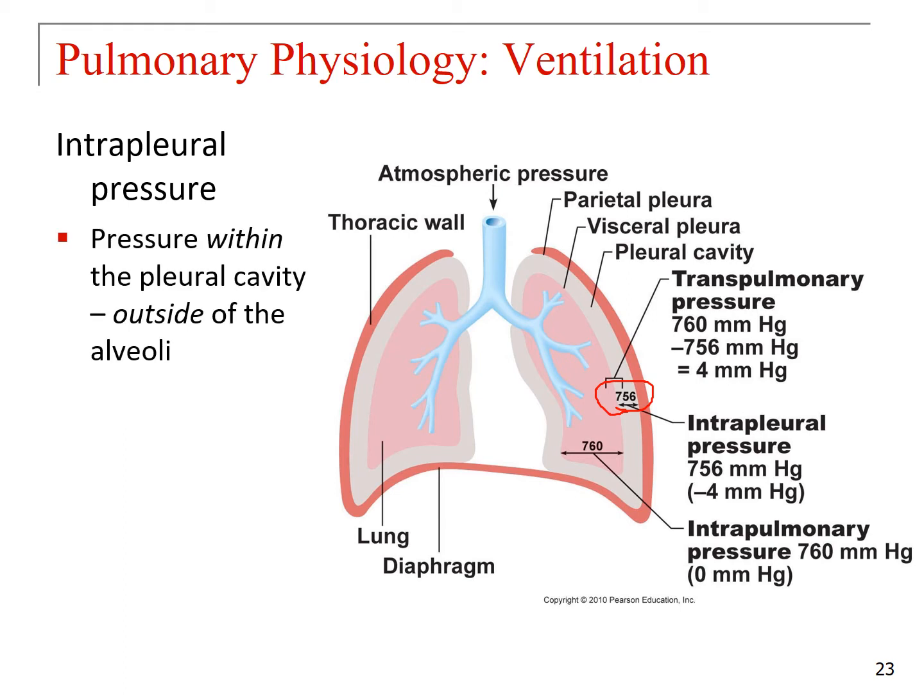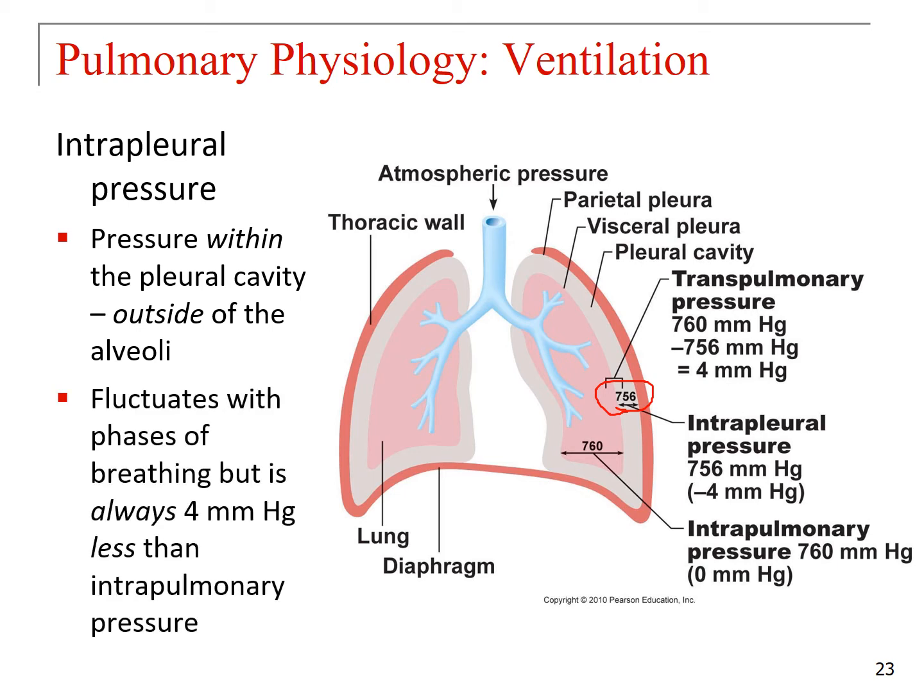Again, that's outside of the alveoli, but not the chest wall itself. Now this will always fluctuate with phases of breathing as well, but it is consistently 4 millibars less than intrapulmonary pressure. So you see with this diagram that your intrapulmonary pressure is at 760 millibars and your intrapleural pressure is at 756 millibars. If you were to drop your intrapulmonary pressure to 759, you would see a corresponding drop to 755 of the intrapleural pressure.